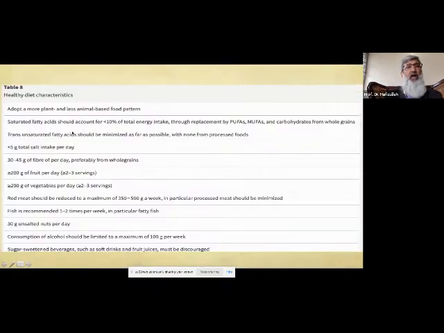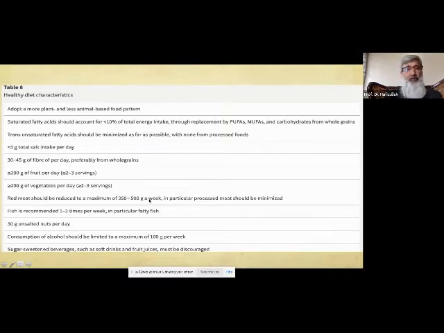So the recommendation is to have a plant-based diet, saturated fatty acid less than 10%, trans fatty acid minimized as far as possible, salt intake less than 5, fiber 30 to 45, 200 grams of fruit per day, 200 grams of vegetables per day. Red meat should be reduced to a maximum of less than 1 kilo per week.